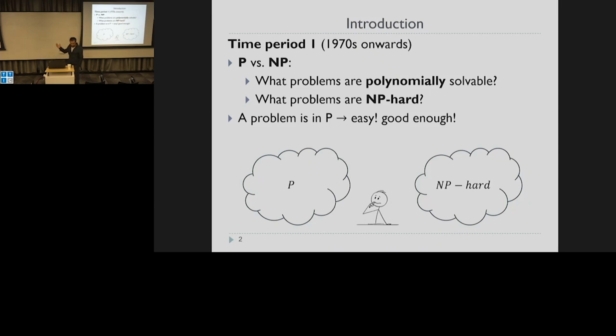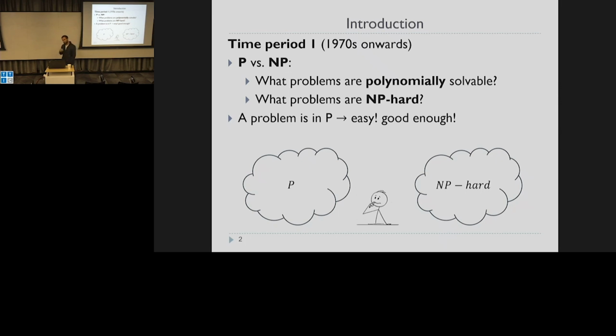All right, so the subject of algorithms design can be divided into two time periods. Arguably, the first one is since the 1970s, where the goal was to decide, given a problem, whether it is polynomially solvable or it is NP-hard.